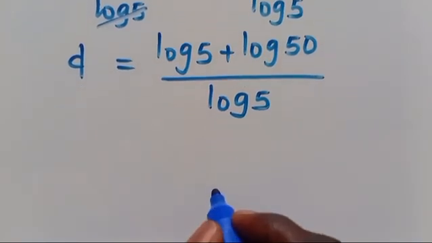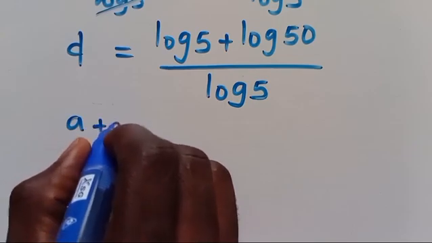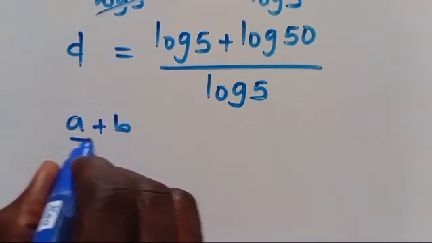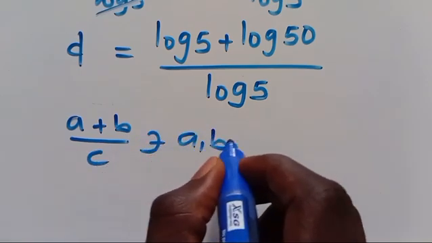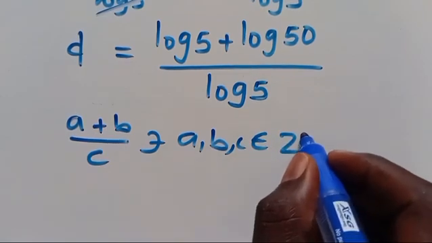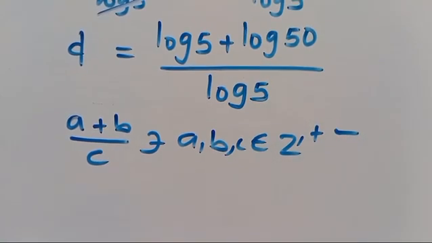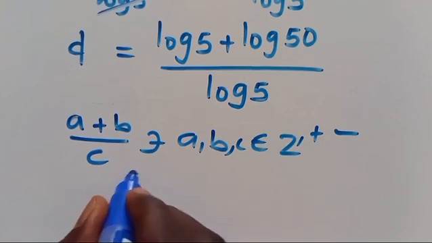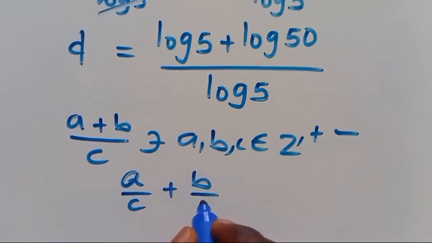But once again, let us recall that when we have a plus b, divided by c, we can re-express this as a divided by c plus b divided by c.